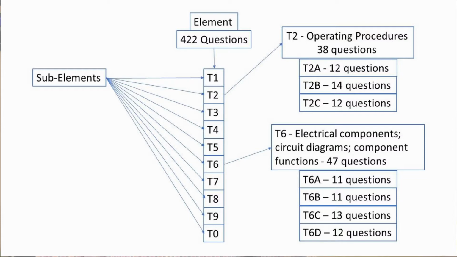The other sub-elements are very, very similar. So, to summarize, the 422 question test pool is divided into 10 sub-elements, which are then divided into 35 groups of questions. You see where this is going? Your test will consist of 1 question from each of these question groups.